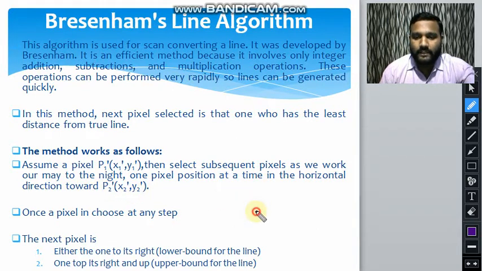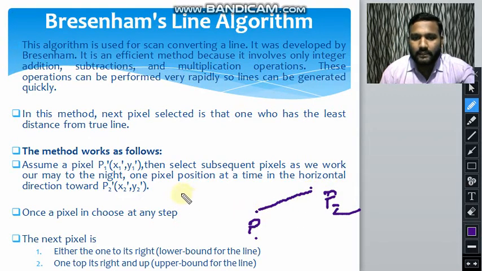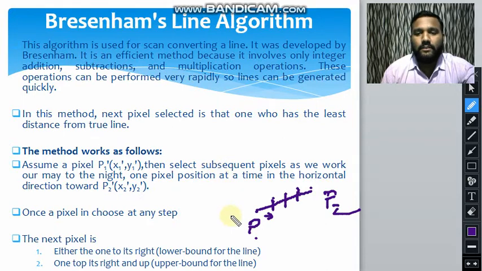If this point is P1 and this point is P2, and we have to draw this line, then from P1 we will start traversing horizontally in this direction, moving to the subsequent or next pixel, and we will rasterize the line using pixels.